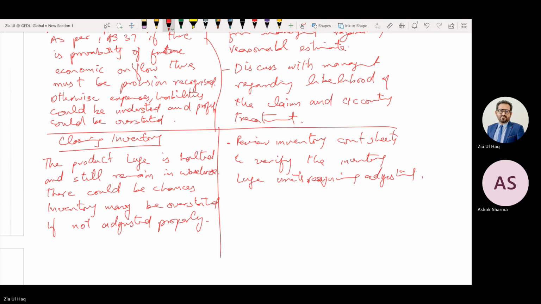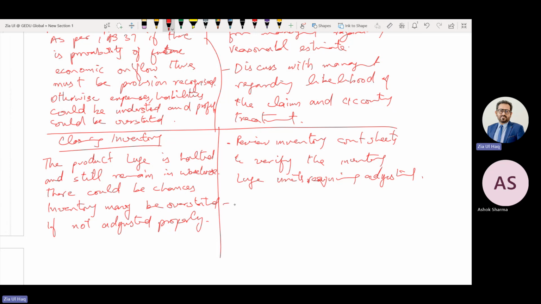What else? We can discuss with management regarding the accounting treatment of adjustment to the inventory, at what amount they are going to adjust or not.